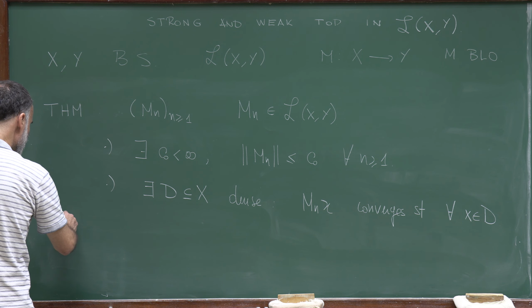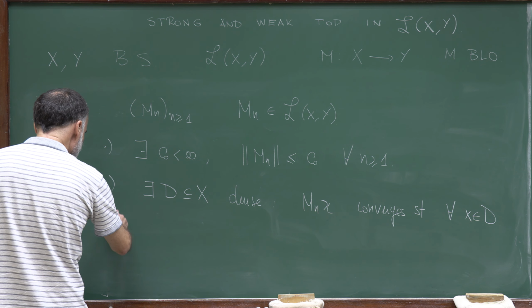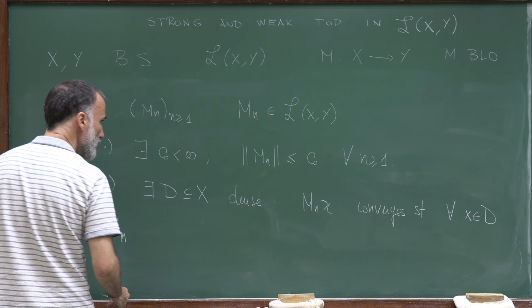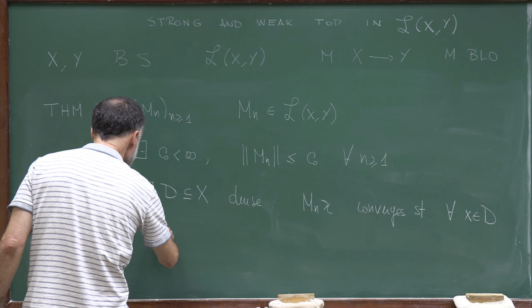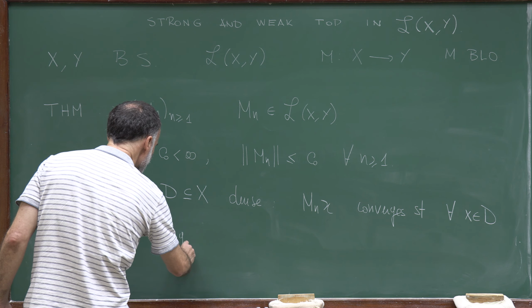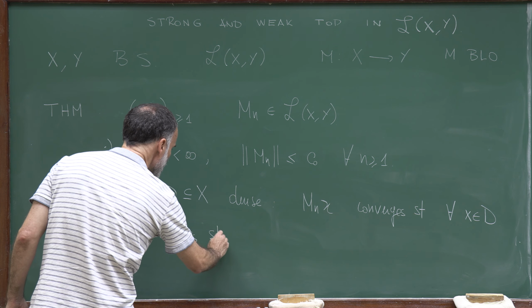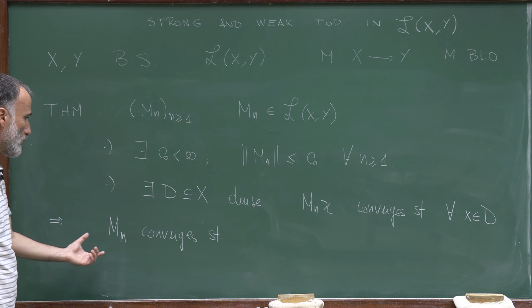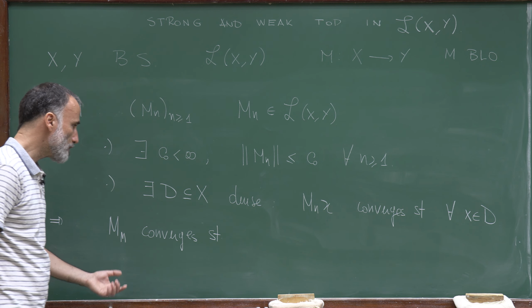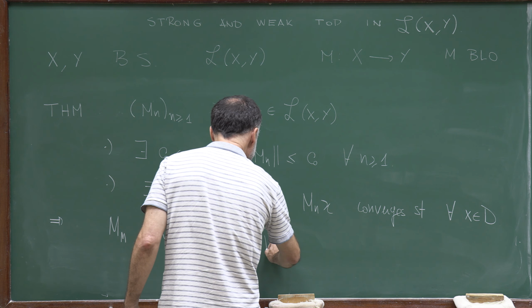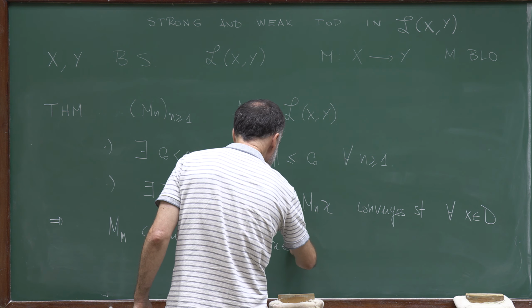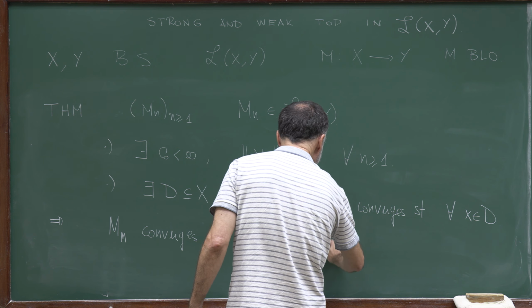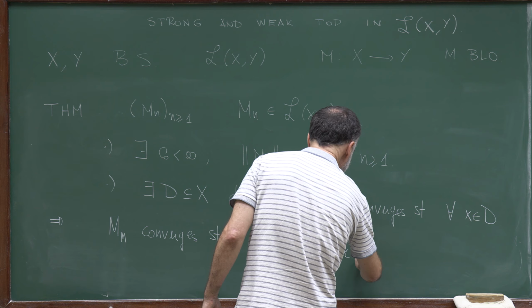Now, what I claim is that this implies that actually Mn converges strongly. And what does it mean that it converges strongly? It means that for all x in X, Mn x converges strongly.